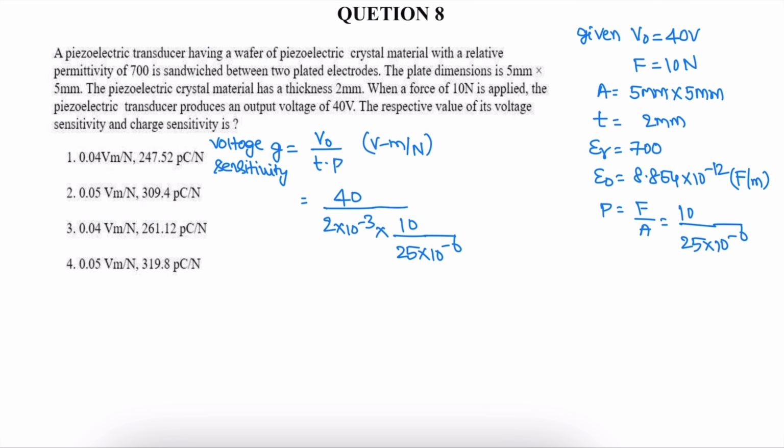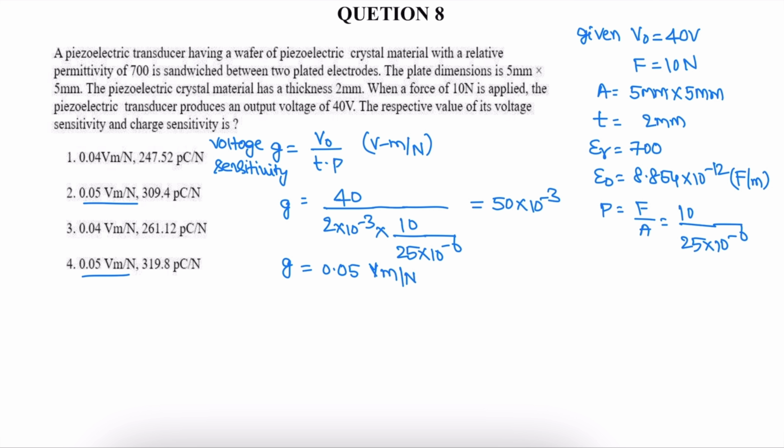Upon calculation, its value is 50 into 10 power minus 3. Voltage sensitivity G is equal to 0.05 voltmeter per Newton. There are two options, 2 and 4.